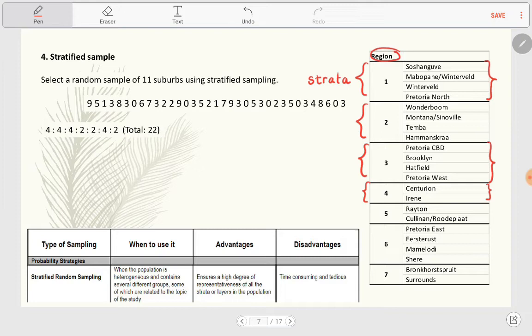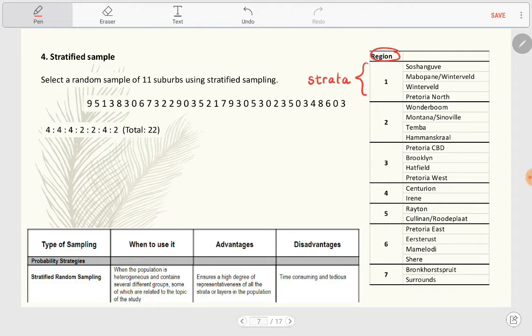And the reason why you want to group them according to some kind of characteristic of importance is because in your sample, you want to make sure that each region is represented, because the region might actually have an influence on the electricity bill. So for example, if you have suburbs which are richer than others, you need to make sure that your sample at least has some rich suburbs, some less affluent suburbs, and so on.